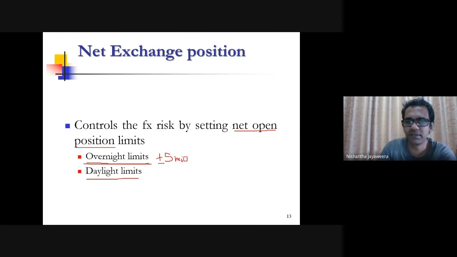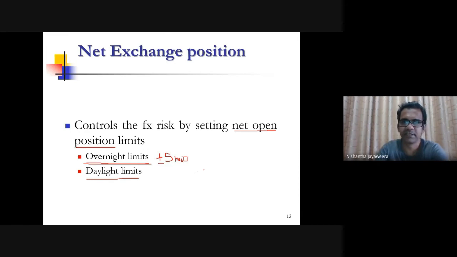There can be the same limit on the negative side as well. That means on any day, at the end of the day, your position should be within plus 5 million to minus 5 million. You can go long, maximum up to 5 million. You can go short, maximum up to 5 million. You cannot go beyond that.